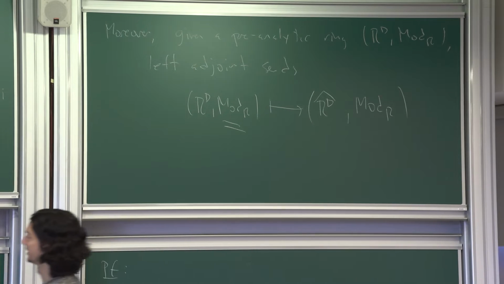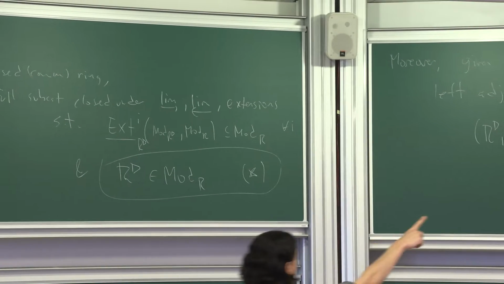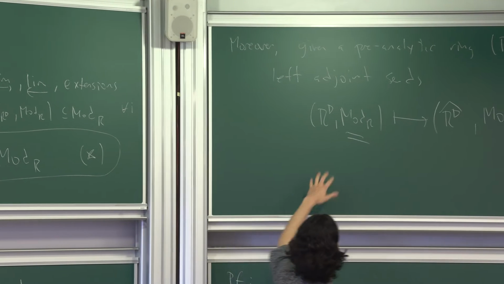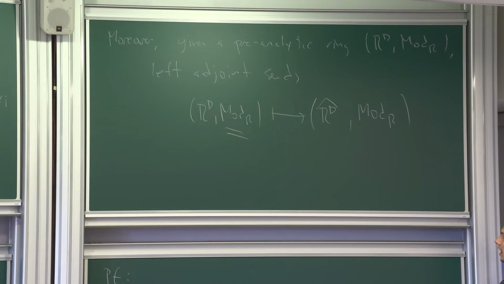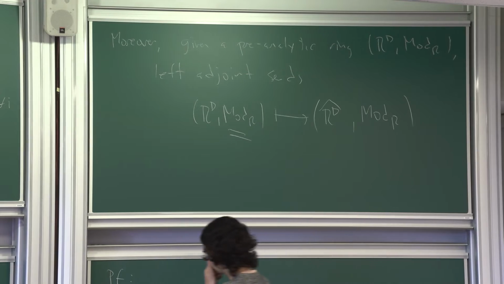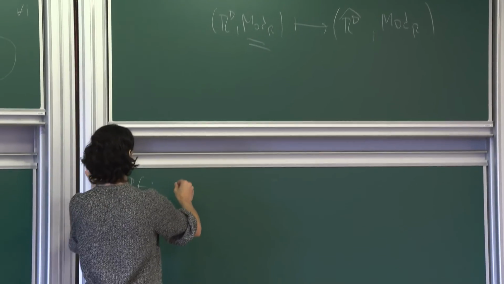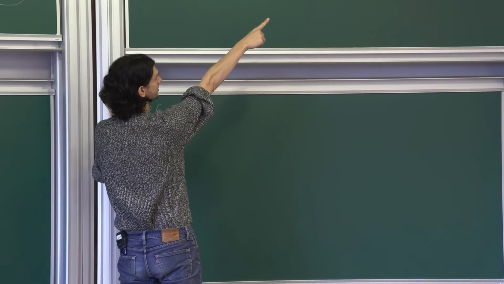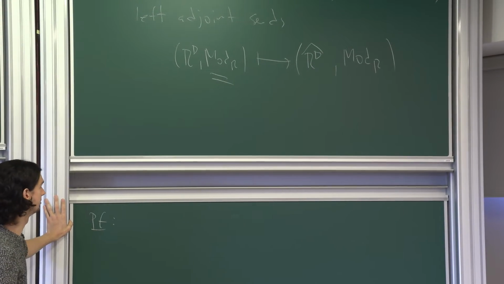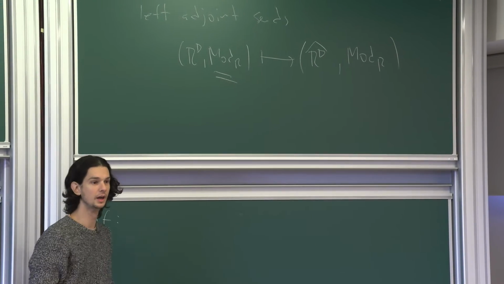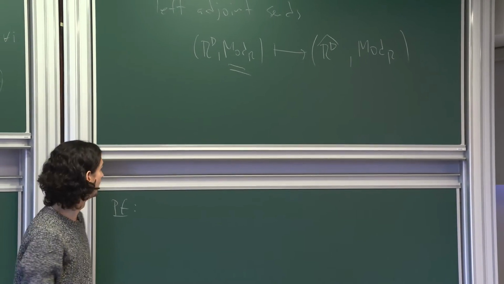And then I need to check that this setup satisfies the same axioms as this setup, so it actually defines a pre-analytic ring. First of all, I should also explain why this is a condensed commutative ring. Mod R is the same, yeah.